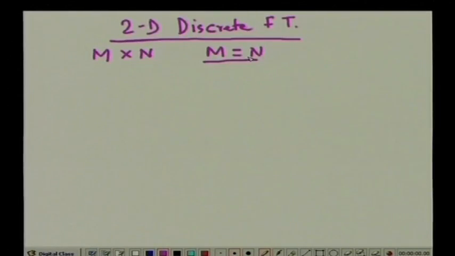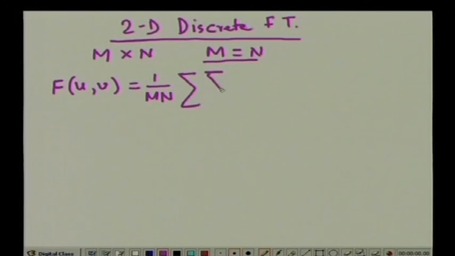In case of discrete signals, the discrete Fourier transformation will be of this form F(u,v). Now, these integrations will be replaced by summations. So, this will take the form of 1 upon M into N, then double summation f(x,y).